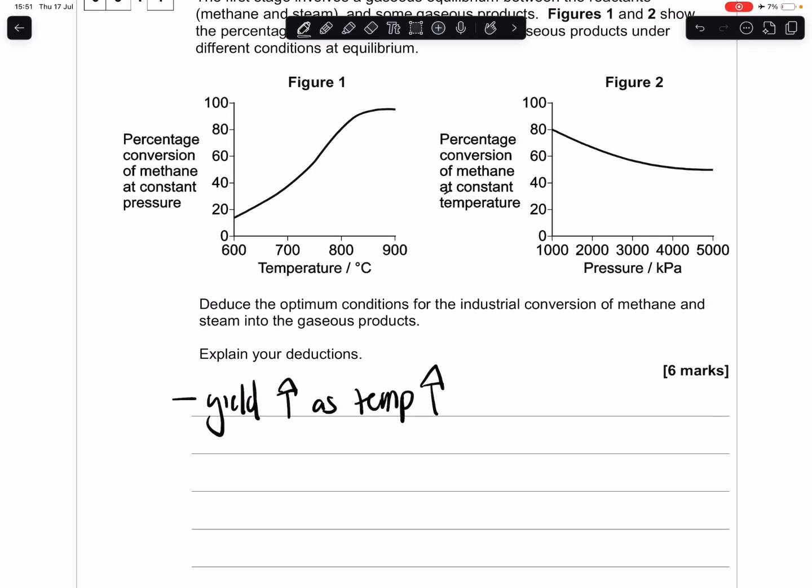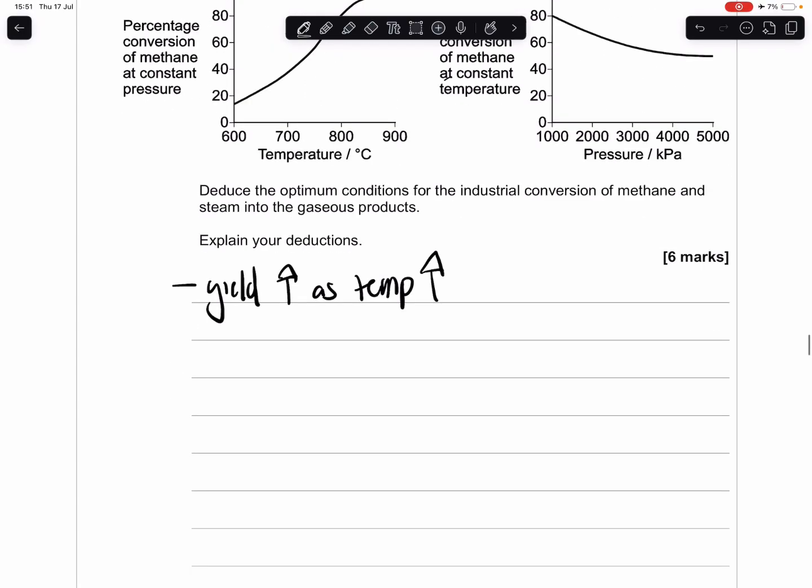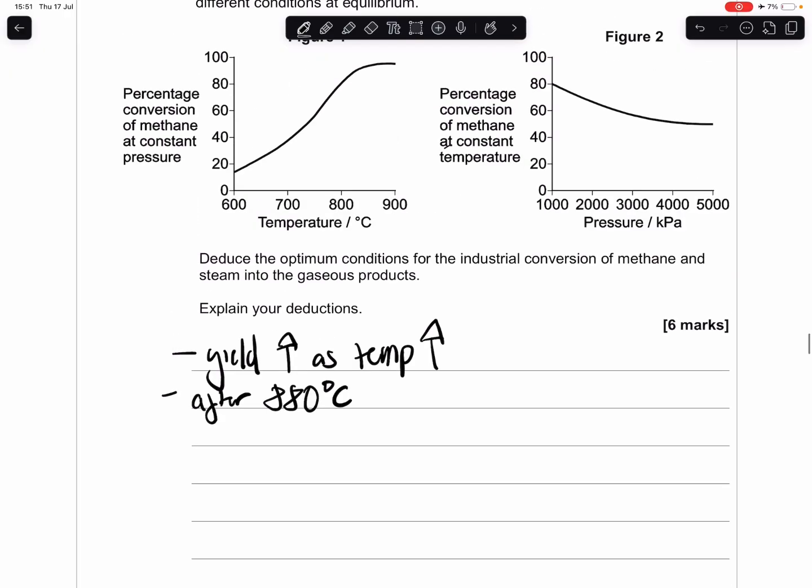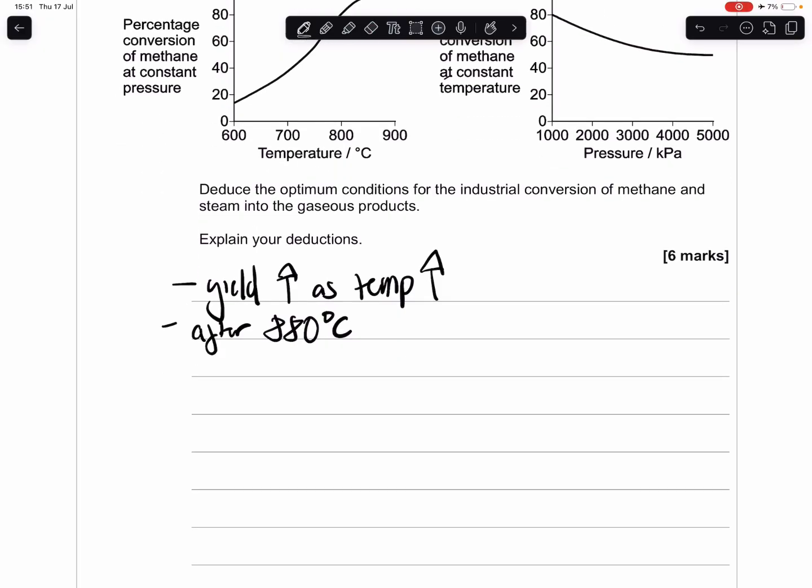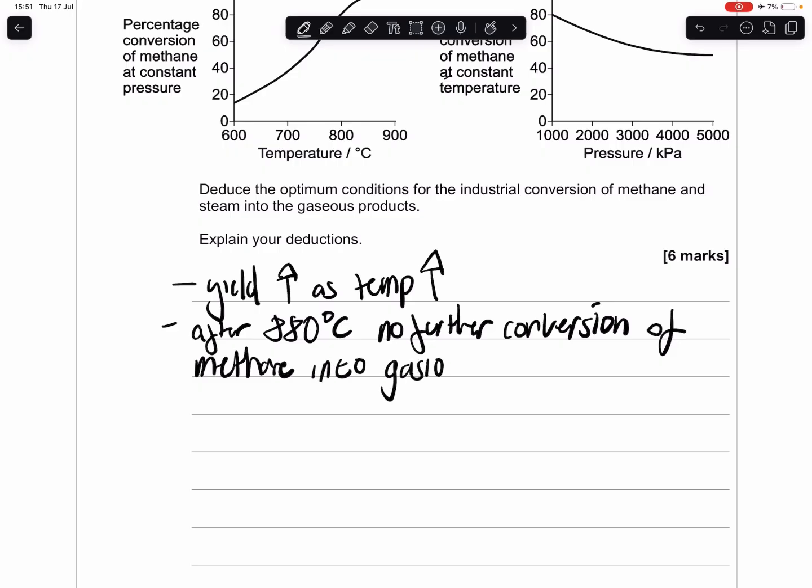However, after a certain temperature at 880, there is no further conversion of methane into the gaseous products.